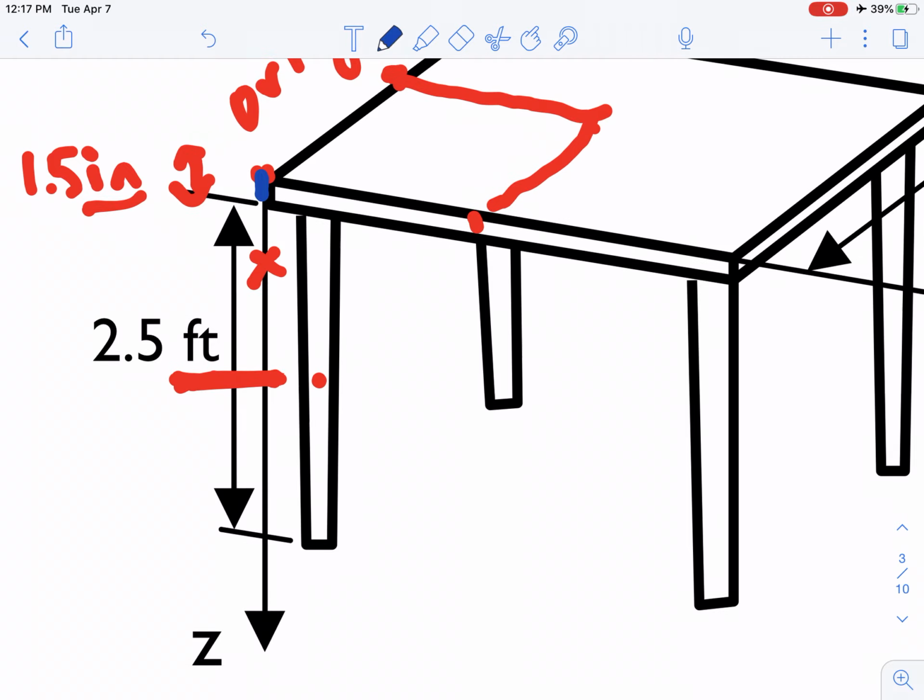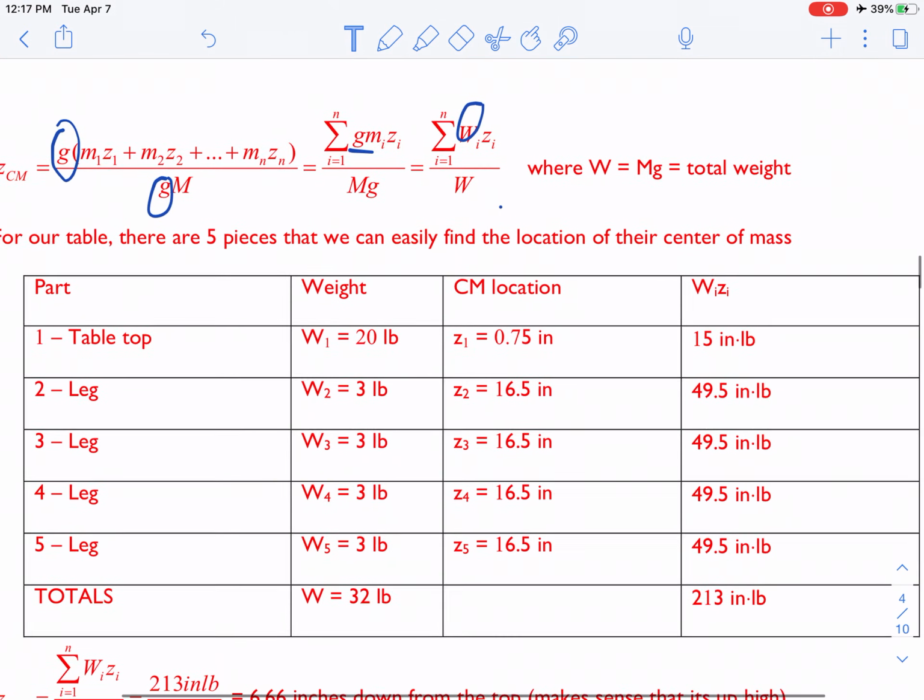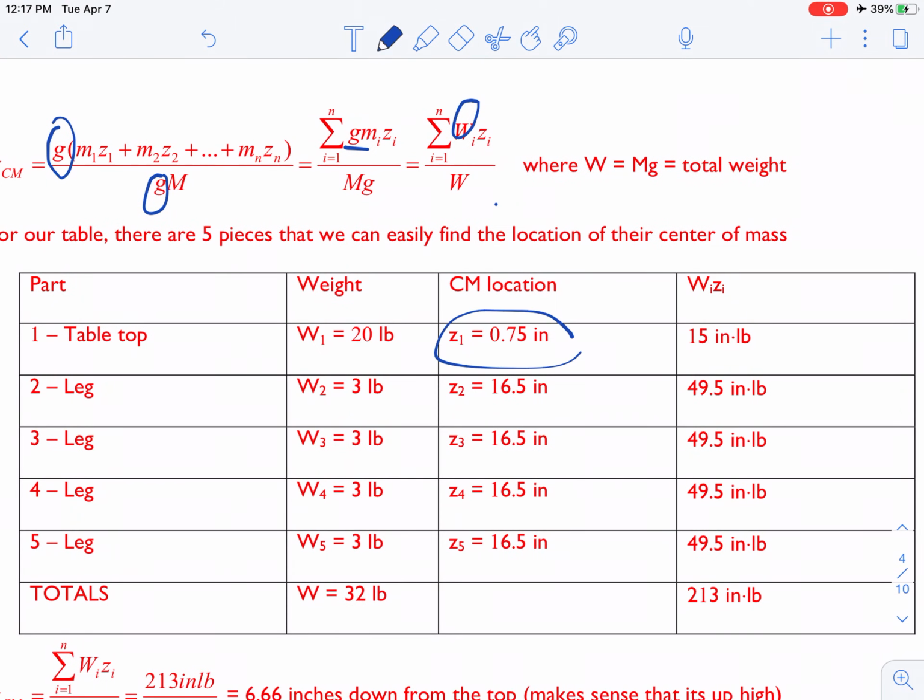And that blue line is really the thickness of the tabletop. And the geometric center is going to be in the middle. So 1.5 inches divided by 2 is 0.75 inches, our center of mass point along the Z direction for the tabletop. Okay, I hope this is clear. And now we will look into the legs. Okay, and I think I'm going to do that in the next video.